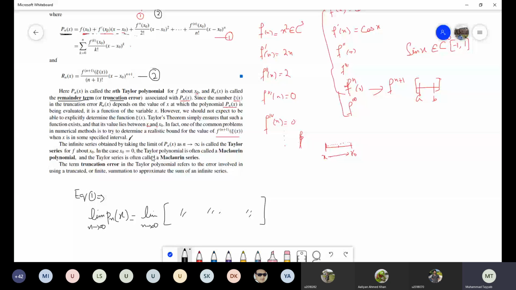The term truncation error in a Taylor polynomial refers to the error involved in using a truncation, or finite summation, to approximate the sum of the infinite series.